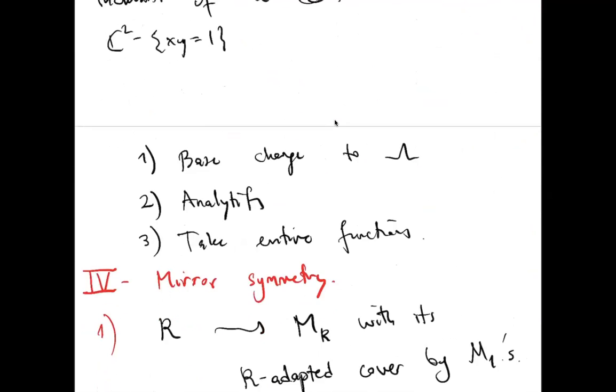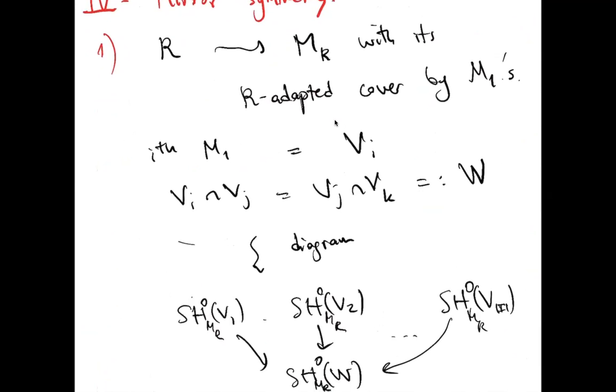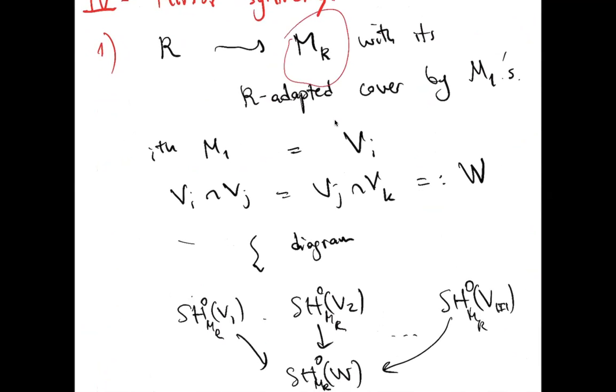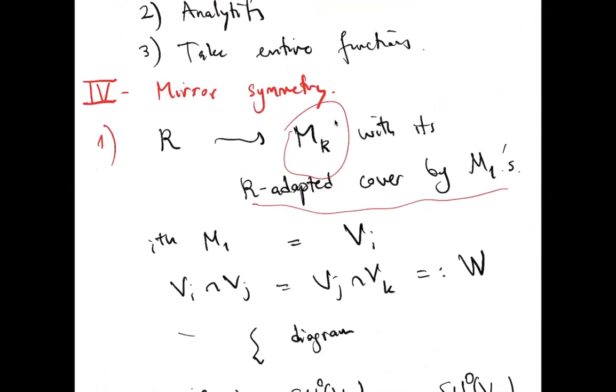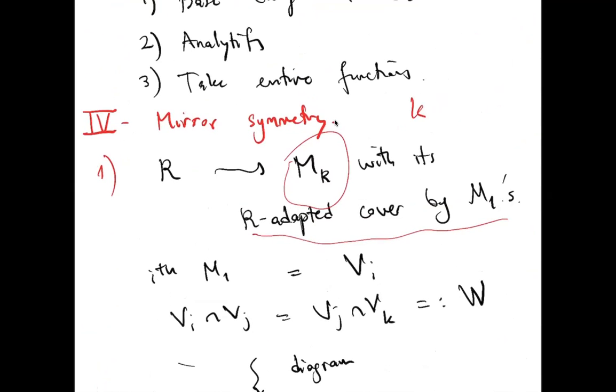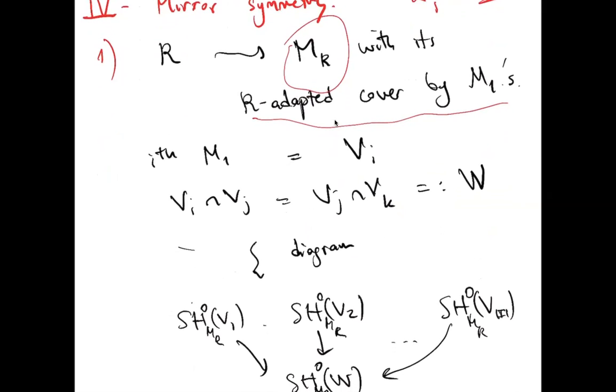Okay, and let me just finish with the construction of the algebraic mirror. You start with your MR, and being in the form MR, that already gives me this R-adapted cover. Let's say for simplicity, K_i equals 1. You can ask me about other Ks if you're interested.